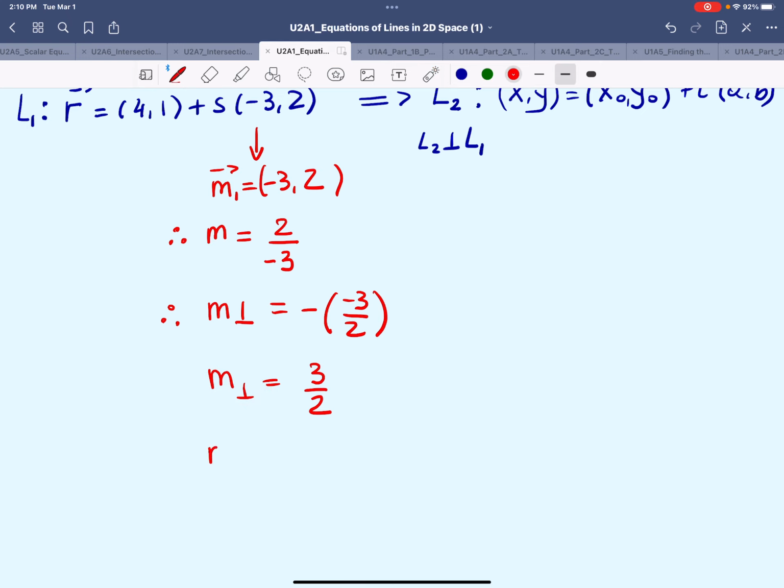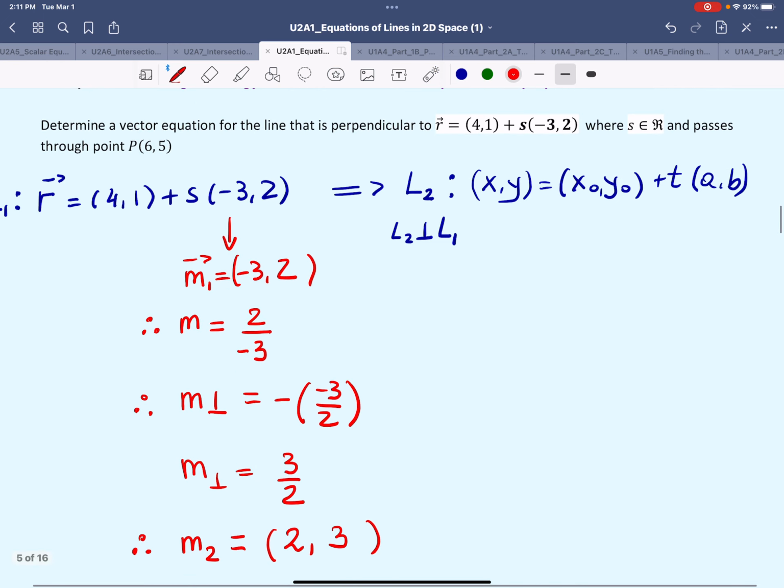So we're going to say that the direction vector for the second line, for m2, will have the x-coordinate equal to the run, so that's 2, and the y-coordinate equal to the rise, so that's 3. So with this, we have discovered the direction vector for line L2, and again, this is a possible direction vector because any multiple of it will do the job just fine.